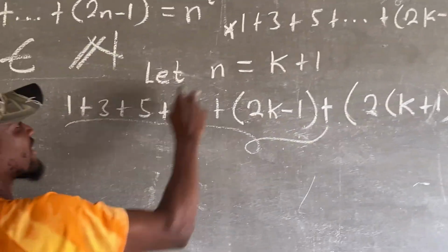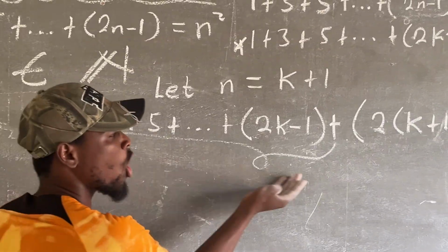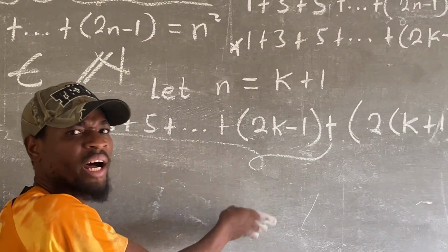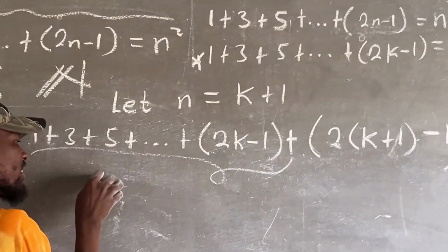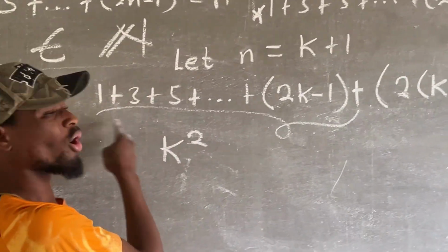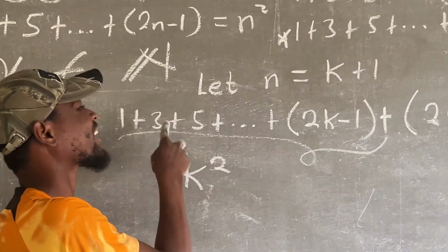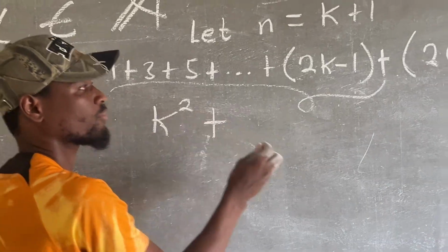So you realize that this is just the same as this. For me to write these long terms over here, I will not do that. Instead, I'll just put k squared over here, because k squared represents 1 plus 3 plus 5 plus the whole of this. Having done this, plus, what do I have here?